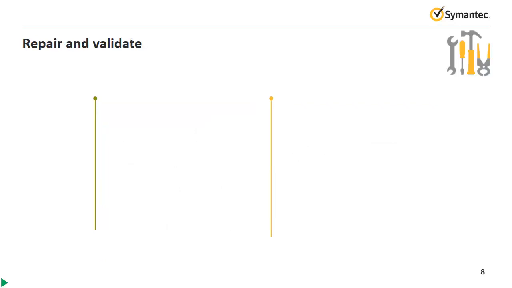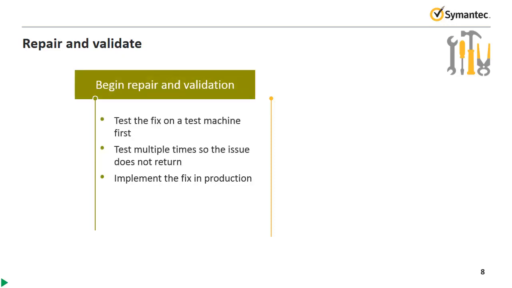Finally, repair, validate, take notes, and determine how to handle feedback. This is the lessons learned phase, how to improve the SEP environment. It's always a good rule of thumb to test fixes on a test machine first. A test machine could be a VM or an endpoint located in a group where the owner is more receptive to change.